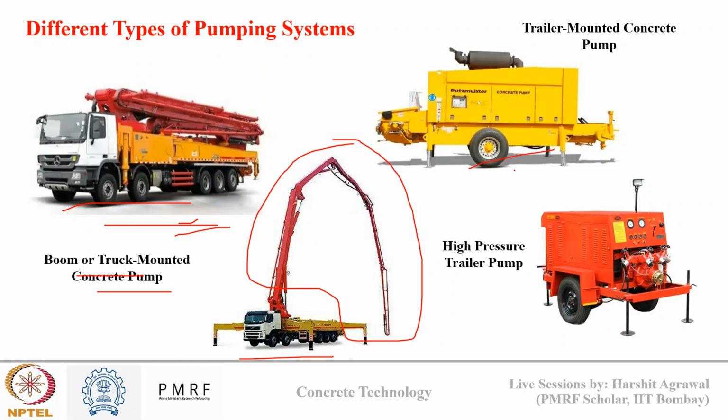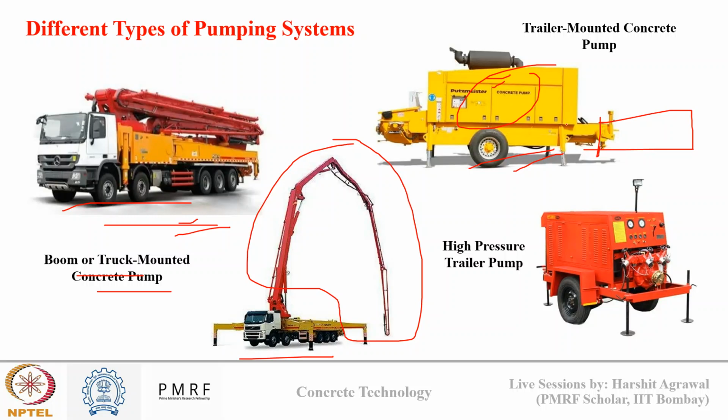So second is a trailer mounted concrete pump, which is a compact, powerful machine used to pump concrete over a longer distance. Unlike boom pumps, it doesn't have a boom. Instead, it is towed to the site and connected to a flexible pipe that carries concrete wherever it is needed. So from this end, we connect the pipe, and this is the pump.